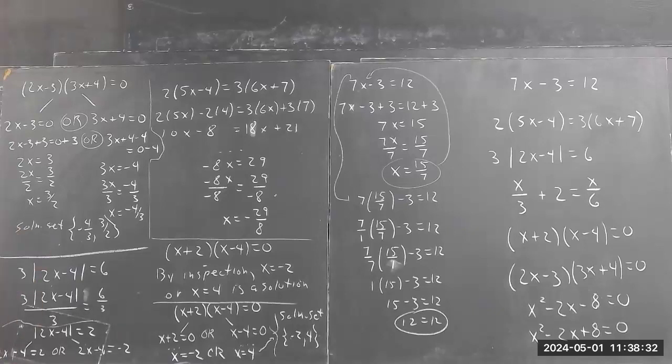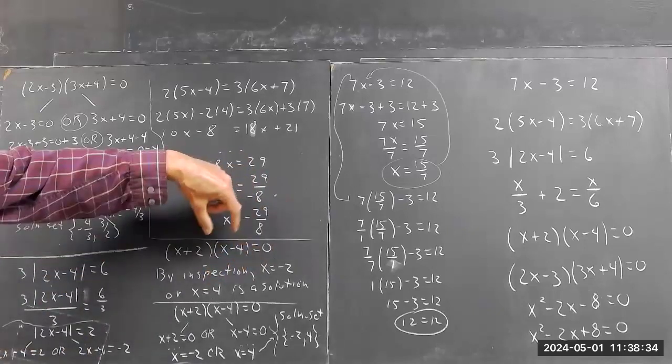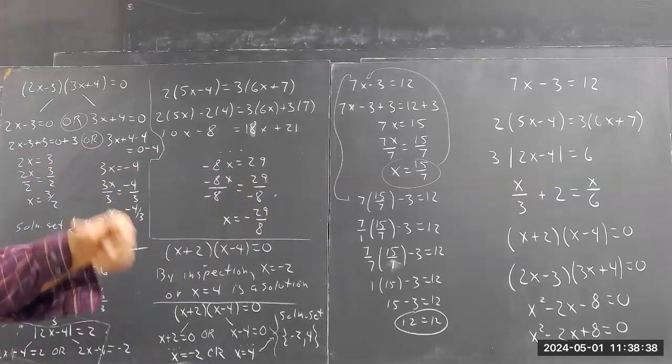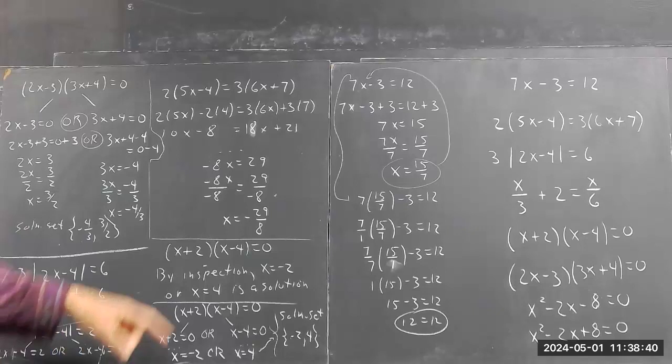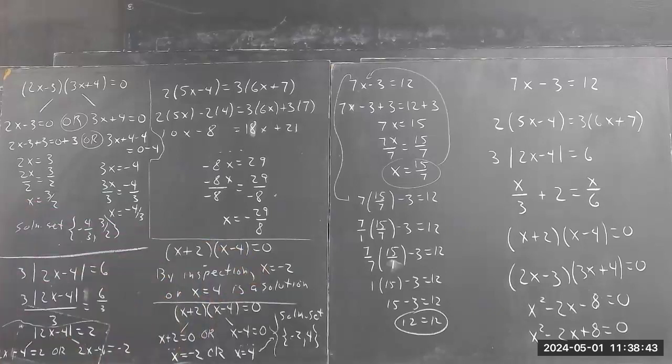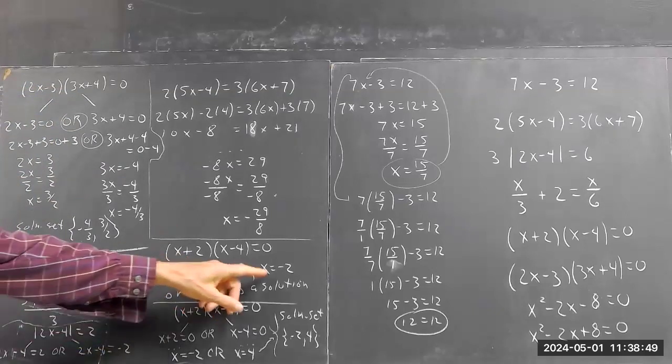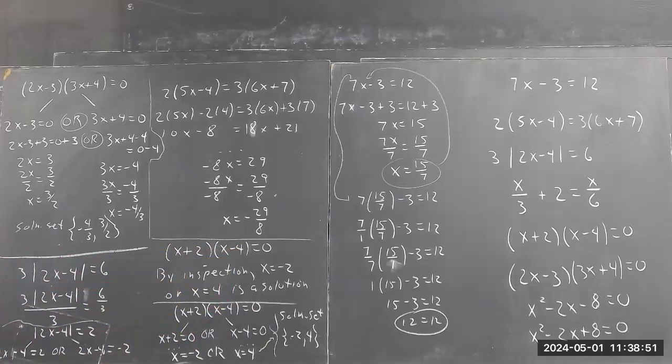The logic here is that if a number of things multiplied together are 0, then any one of those things being 0 makes it 0. So we set each one of those things equal to 0. And the same thing here. Now here we really didn't need it because we can see that x equals negative 2 and x equals 4 are solutions. Here it's a little harder to see, so we write out the equations.